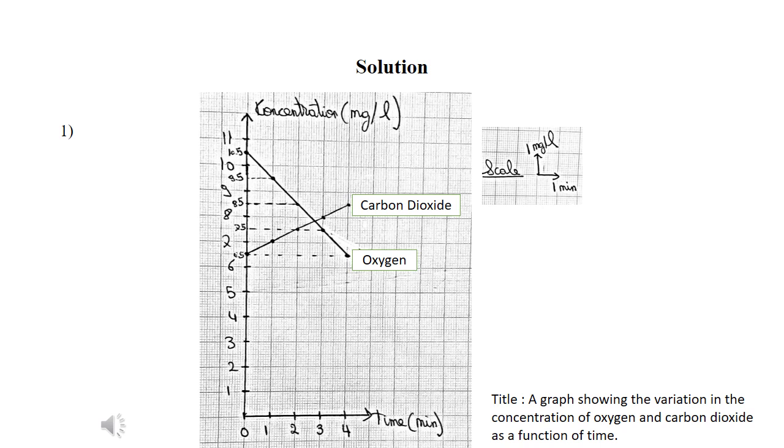As the time increases to 4 minutes, the concentration of oxygen decreases to 6.5 milligram per liter, while that of carbon dioxide increases to 8.5 milligram per liter. What can you conclude? I conclude that during the degradation of glucose in an animal cell, the cell consumes oxygen and releases carbon dioxide.